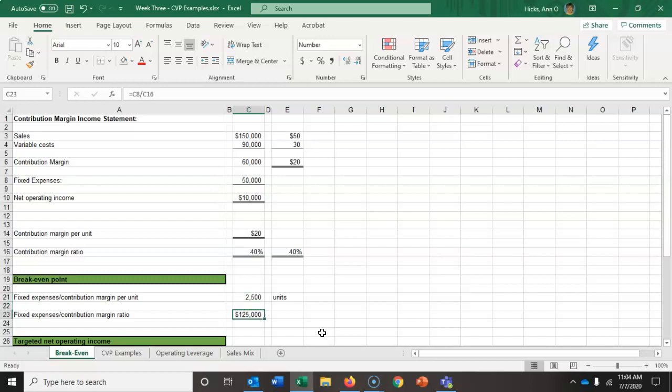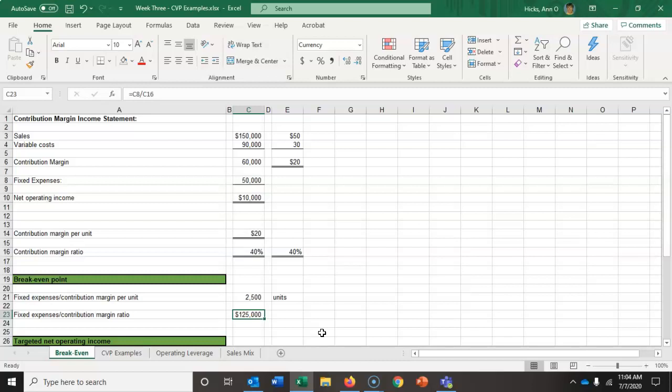Now you will see I did another calculation as well. I took my fixed expenses and divided it by my contribution margin ratio of 40%. That gives me my break-even point in sales. So I can either sell 2,500 units or I need to generate $125,000 in sales revenue.